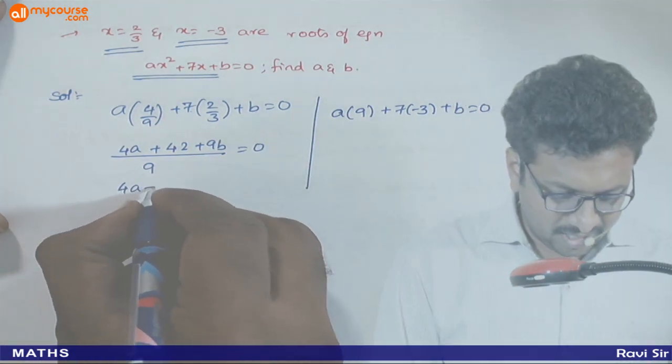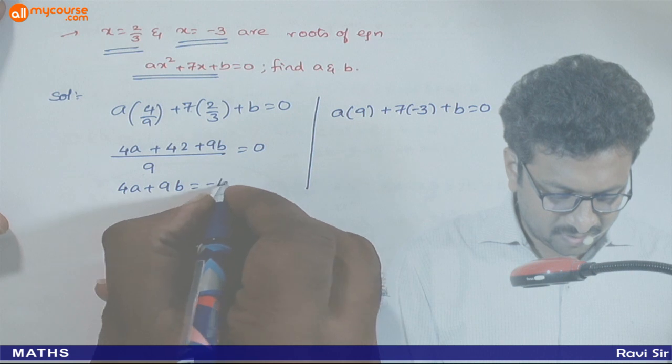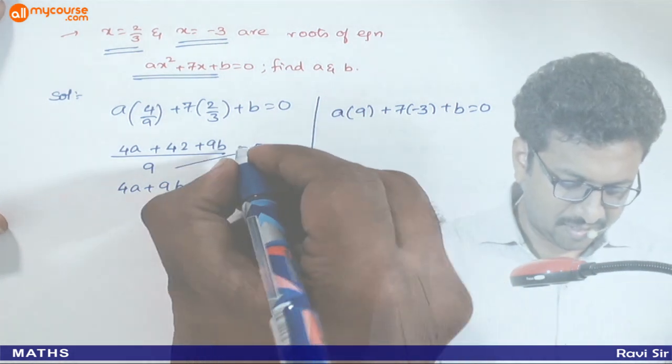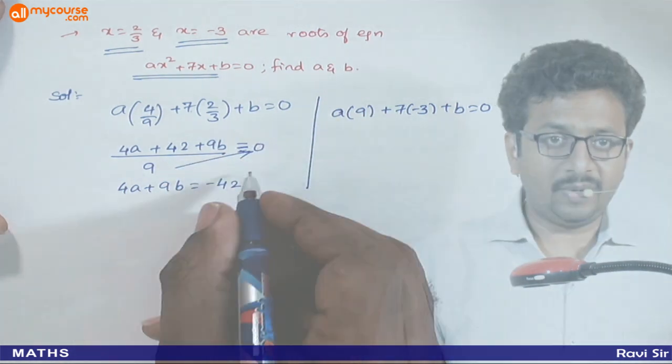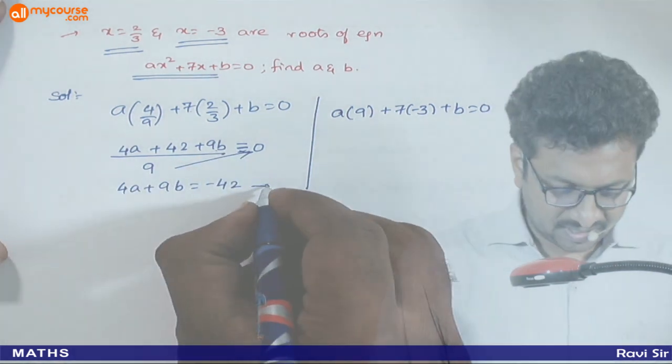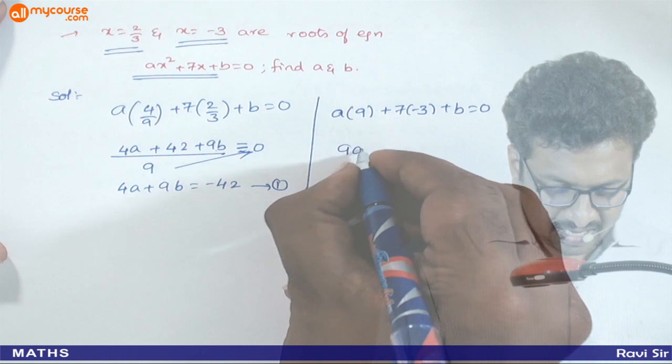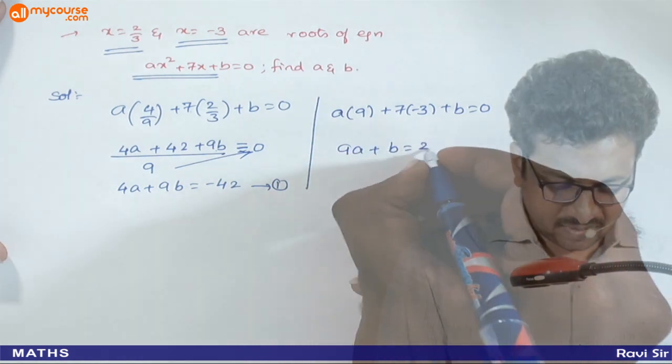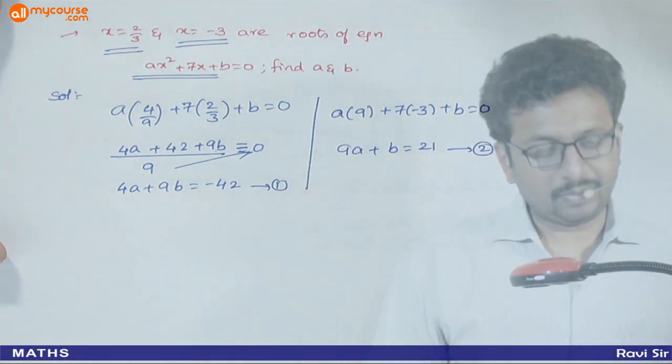So 4a plus 9b is equal to minus 42, if you send it to the other side. This is the first equation. 9a plus b is equal to 21. This is the second equation.